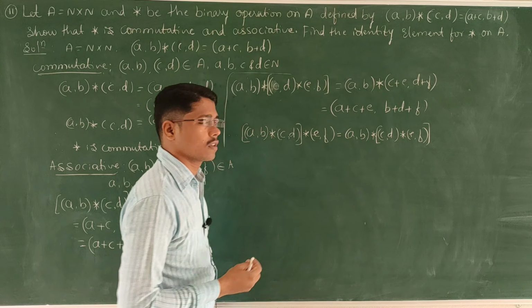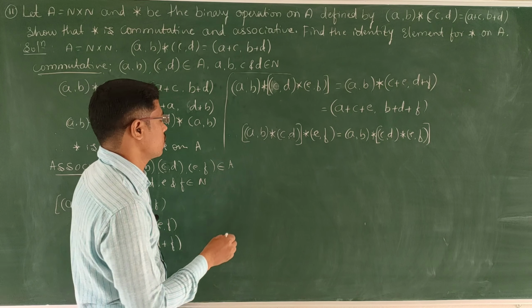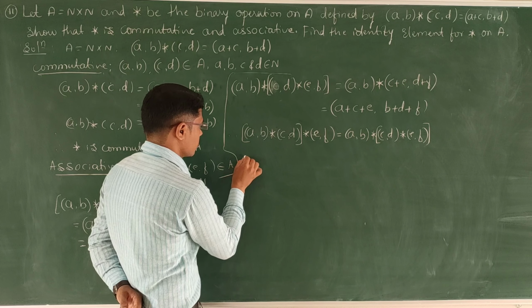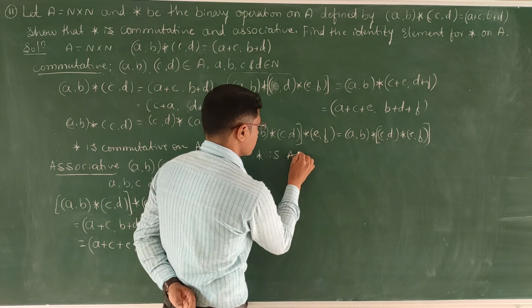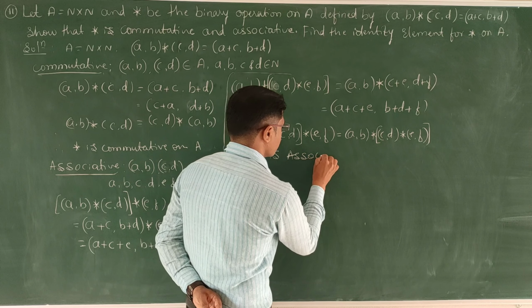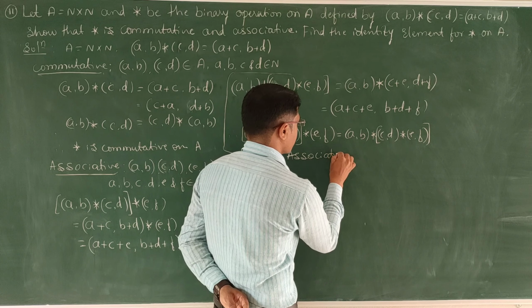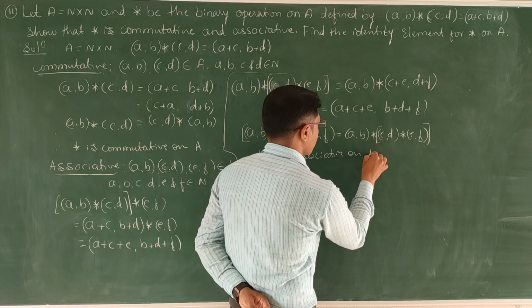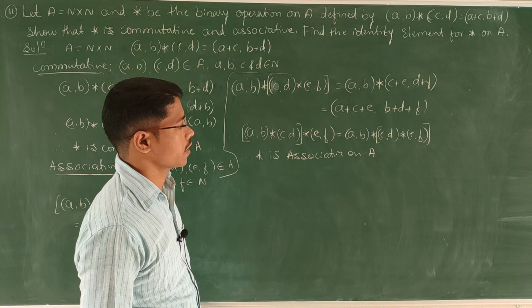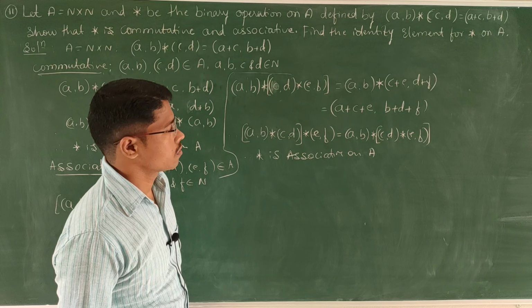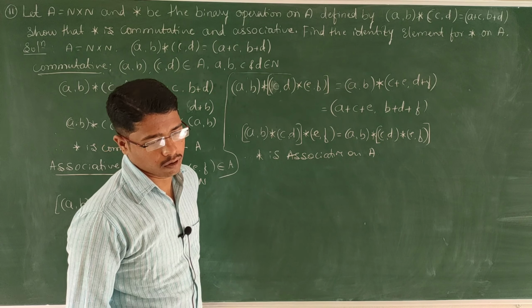So therefore star is an associative operation on the set A, that is the Cartesian product N cross N. So now we have to check the identity for this.